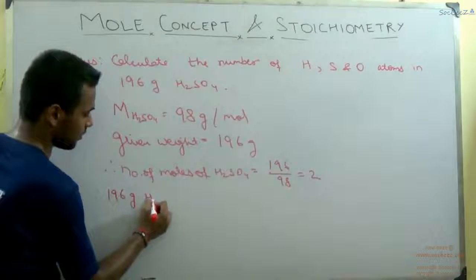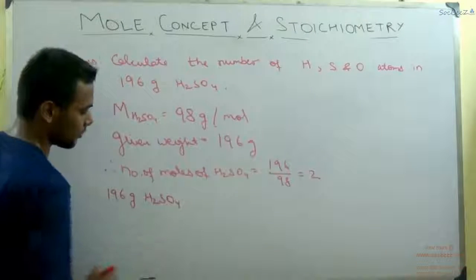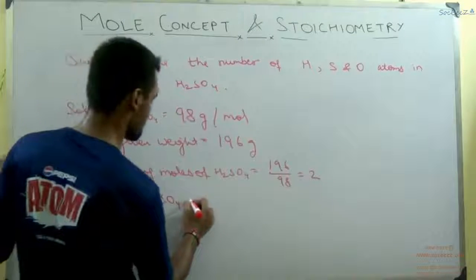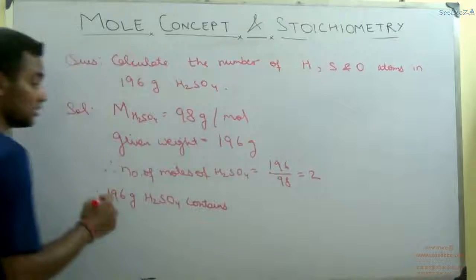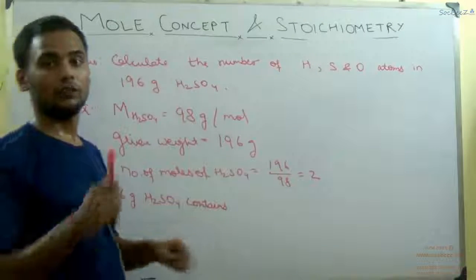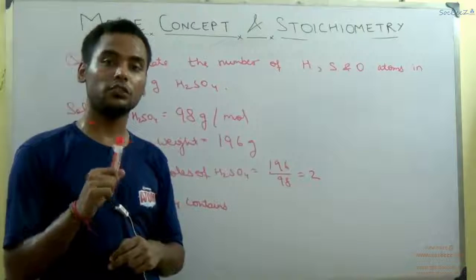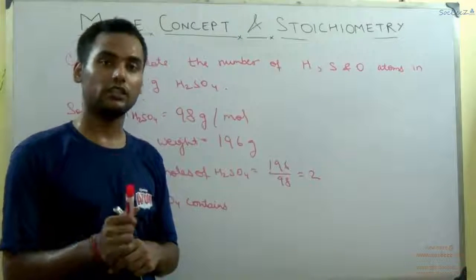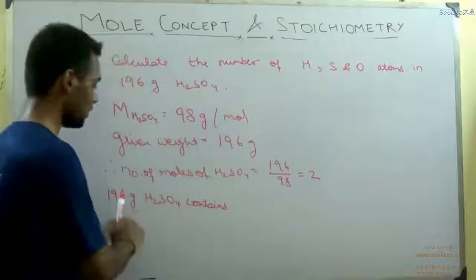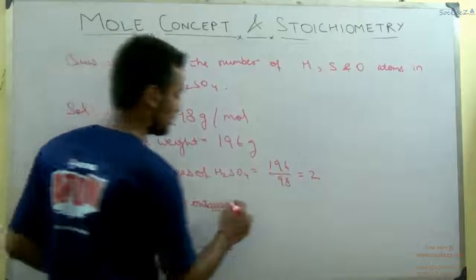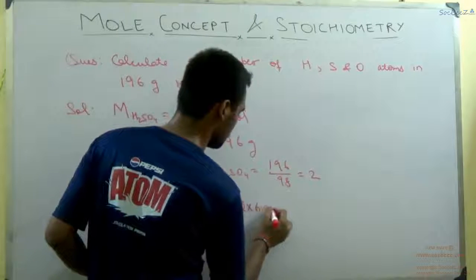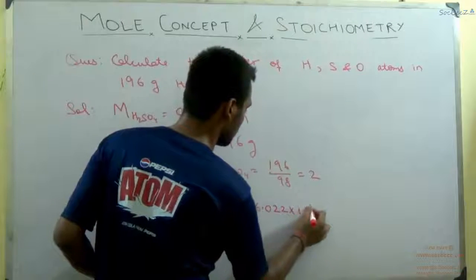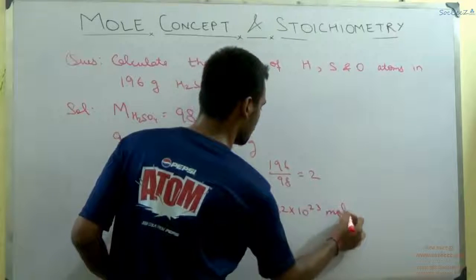196 gram H2SO4 contains, since there are 2 moles of H2SO4 and in 1 mole there are 6.022 into 10 raised to the power 23 entities, 2 into 6.022 into 10 raised to the power 23 molecules.